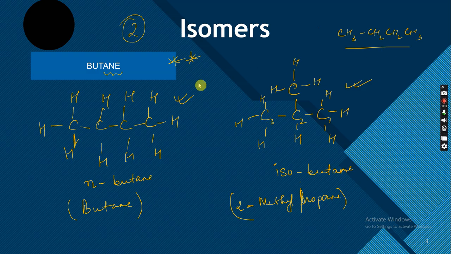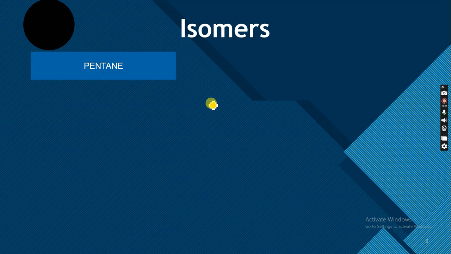So this is butane. Let's do pentane. Pentane also, same: first draw the basic structure. So 5 carbons, all single bonds because it is an alkane, 1 2 3 4 5. And the remaining we put hydrogens.